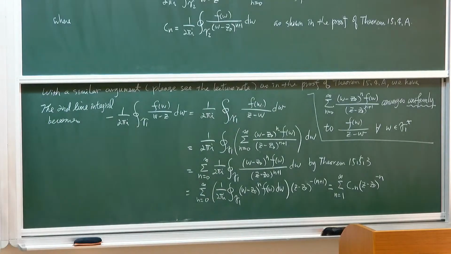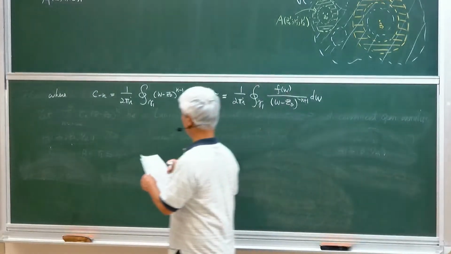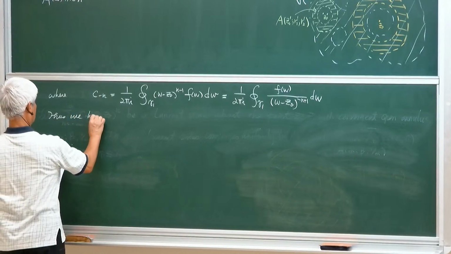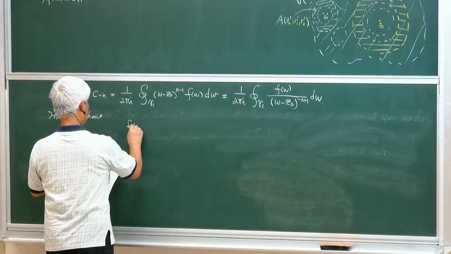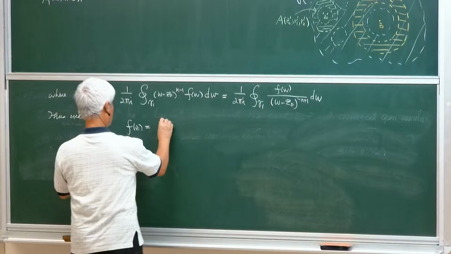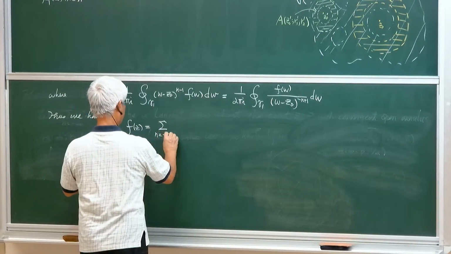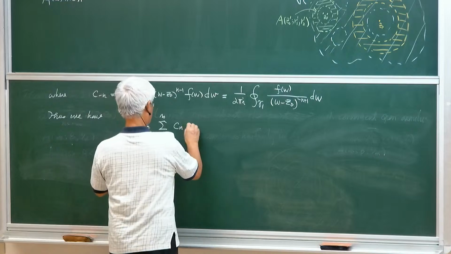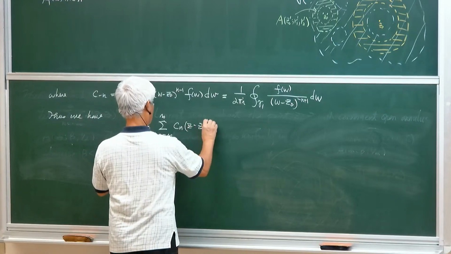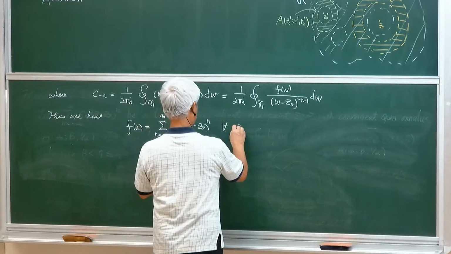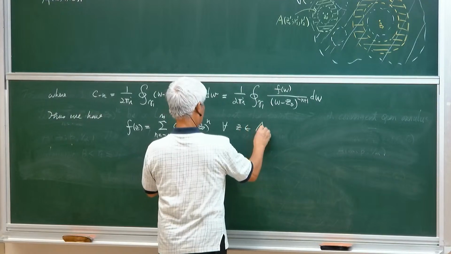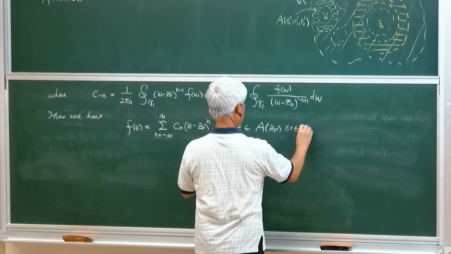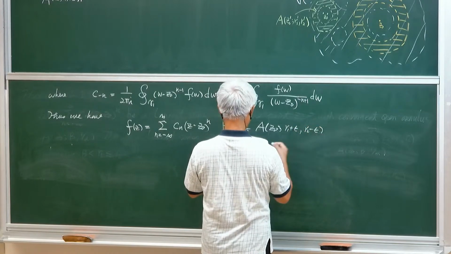So we have that f of z is equal to the summation n from minus infinity to infinity of c_n (z minus z0)^n, for all z in the green open annulus from r1 plus epsilon up to r2 minus epsilon.